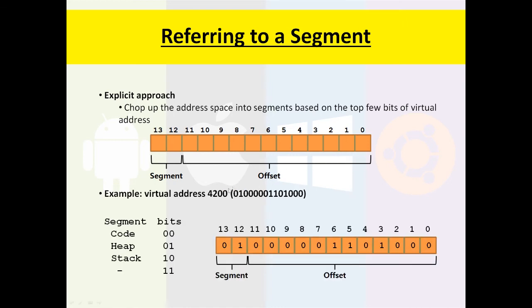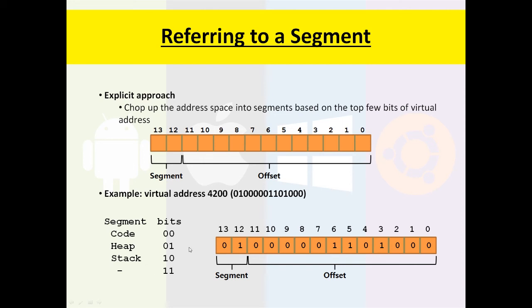So if we had an example of a virtual address 4200, its binary representation, or the representation it would have in an actual register, would look like this. The first 2 bits we can use to specify what segment it's in. So this could be 00, 01, 10, or 11, right?